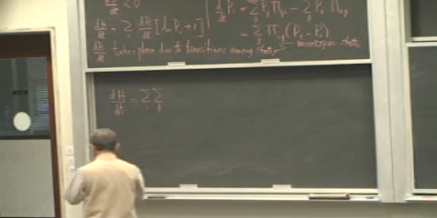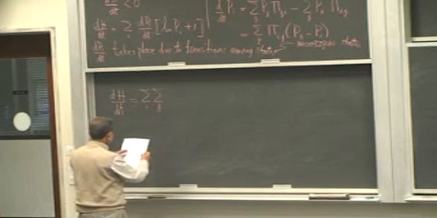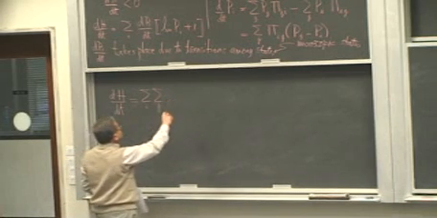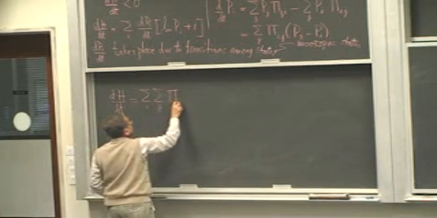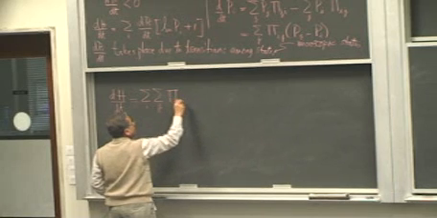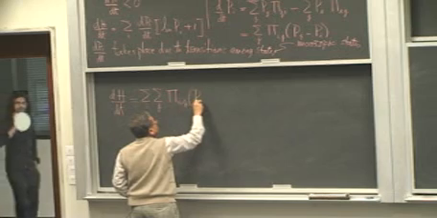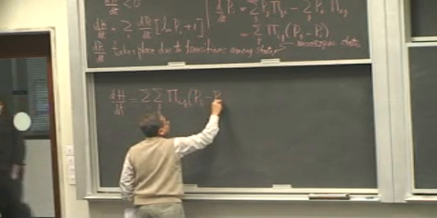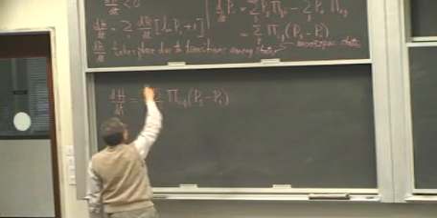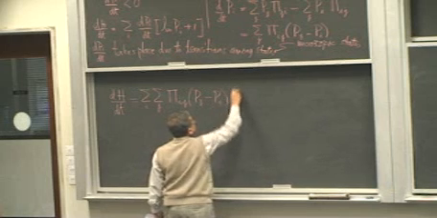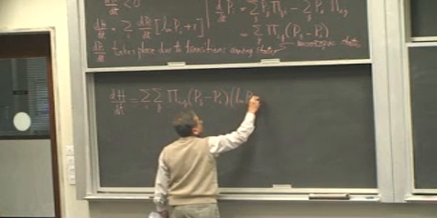Summation over i and j, and this will be, I can now put in that quantity, pi ij and pj minus pi times log pi minus 1.